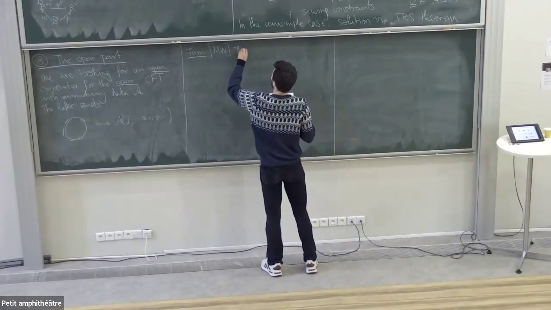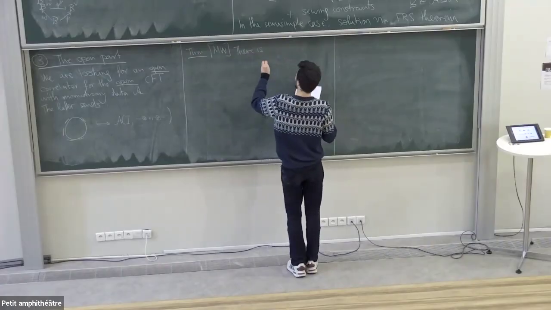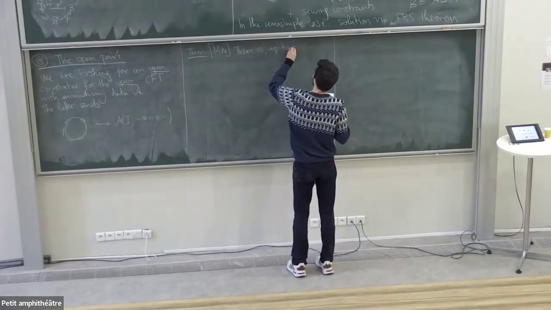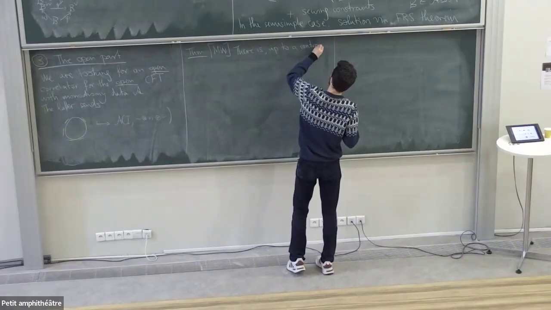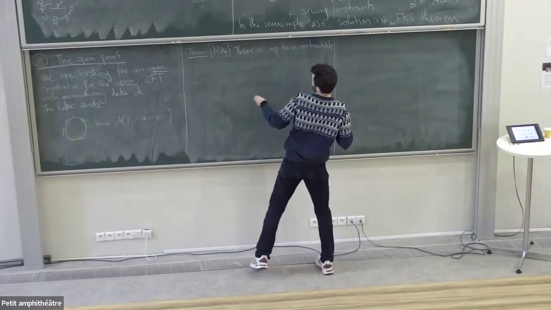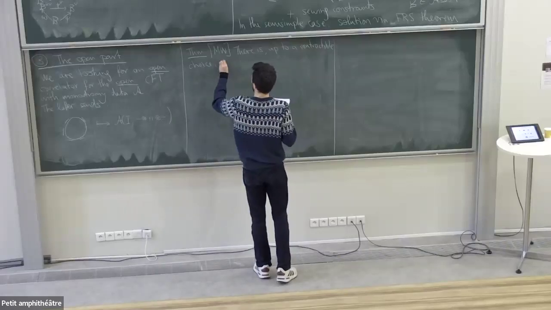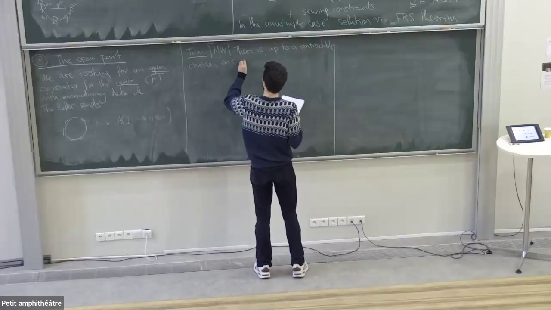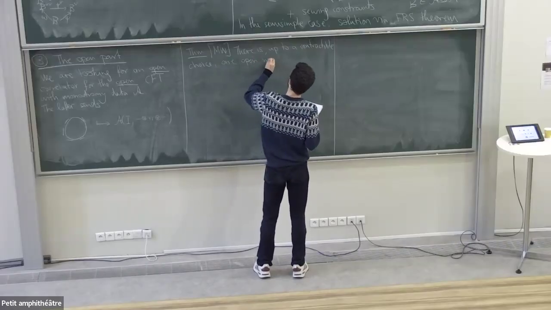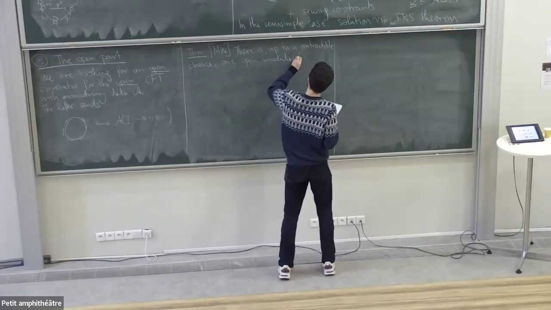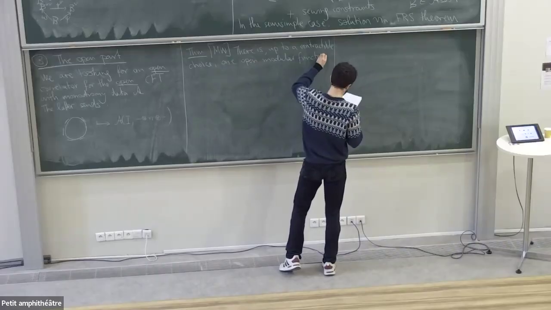So there is a contractible choice of one open modular functor. I will quickly write what that is.